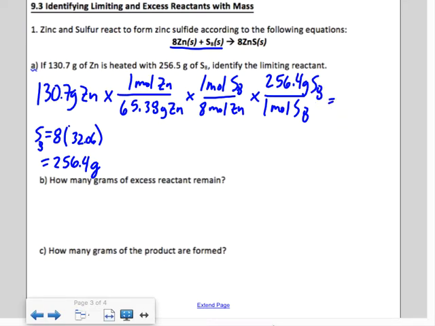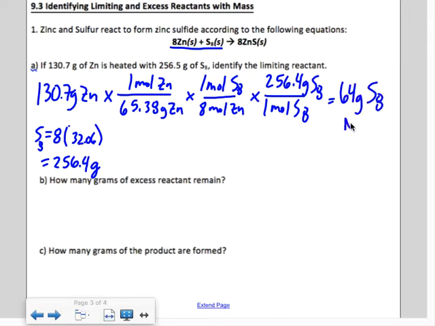All right. Now I can just punch this into my calculator and figure out how many grams of sulfur I need and compare it to what I was given. So 130.7 divided by 65.38 times 1 divided by 8 times 256.4 gives me around 64 grams of S8.